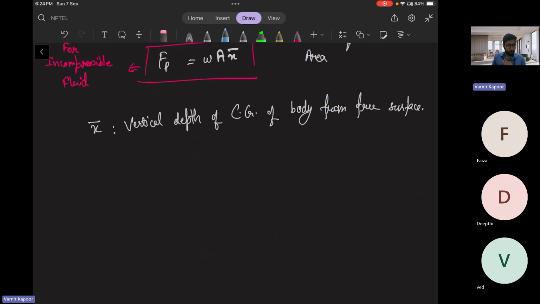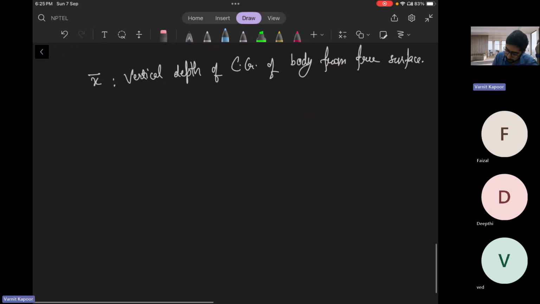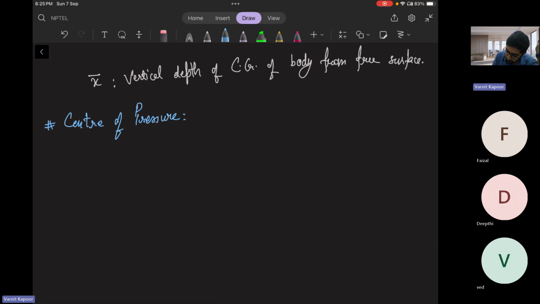Now what is the center of pressure, or centroid of pressure force? This is a concept. So what is center of pressure? You got the hydrostatic force Fp, and where it is acting, basically the point of application of total hydrostatic pressure force is known as the center of pressure, that is Cp. It is measured as vertical depth from the free surface.